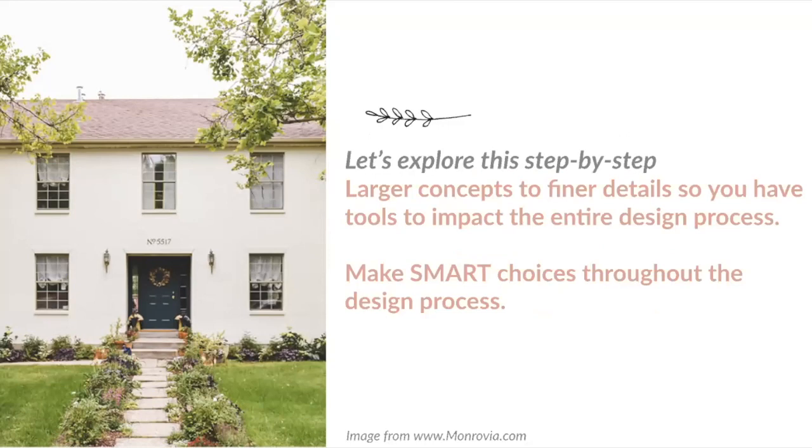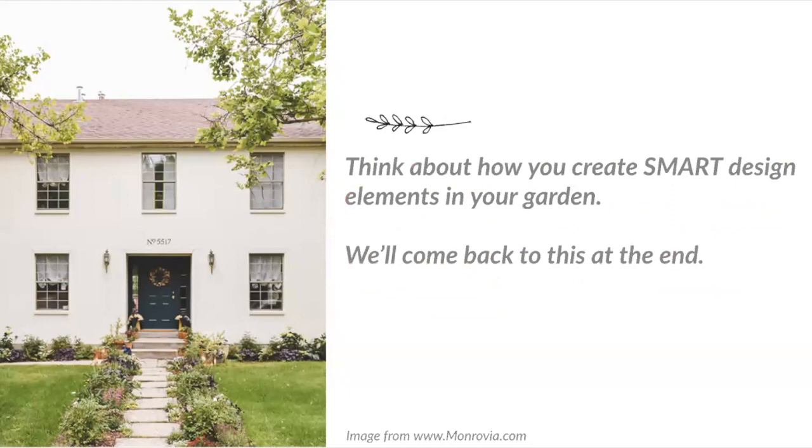How I'm going to approach this tonight is we're going to talk about larger concepts of design, and then we're going to get to some finer details. It's really about how I can help you design your garden with smart choices in mind throughout the entire design process. So we're going to take a stab at this tonight and see where we go with it, and I'm pretty excited about that.